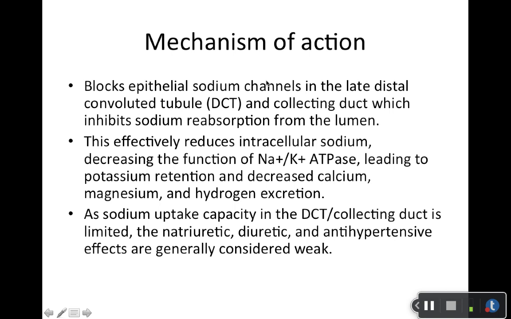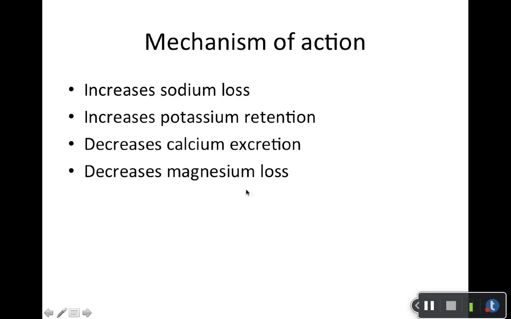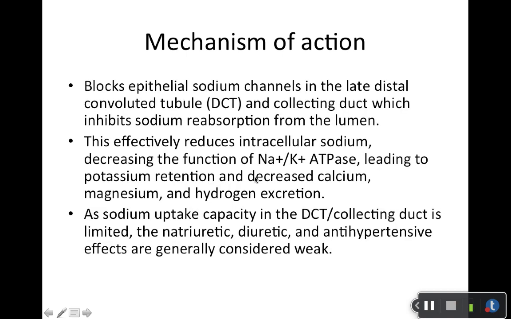So mechanism of action, it blocks epithelial sodium channels in the late distal convoluted tubule. So please refer back to that visual guide if you want to know where that is. And it inhibits sodium reabsorption from the lumen. So what does this do? Definitely please read through all of this and look at all the mechanisms of action, but the take-home points here: it increases sodium loss, increases potassium retention, decreases calcium excretion, and decreases magnesium loss.